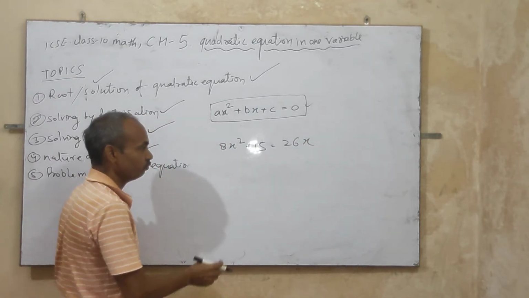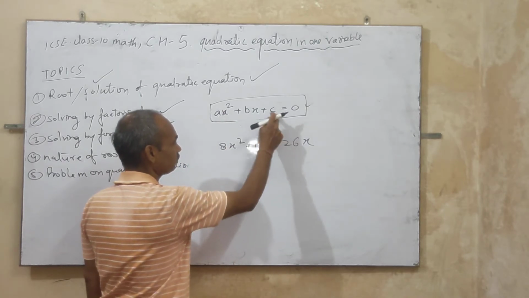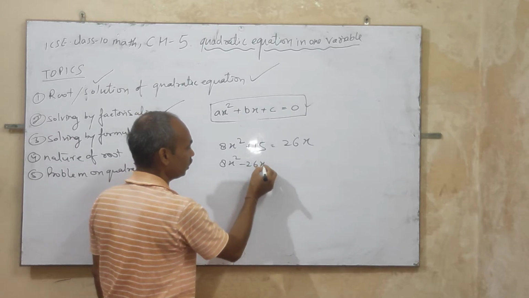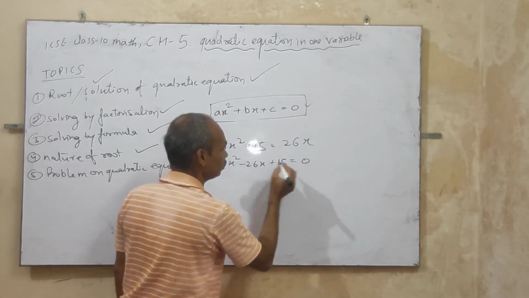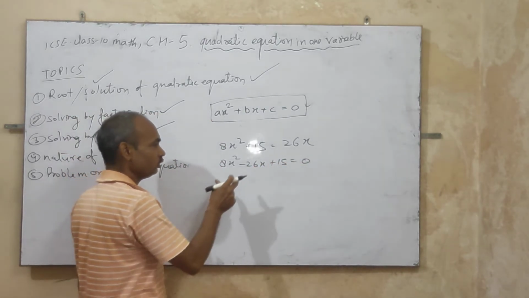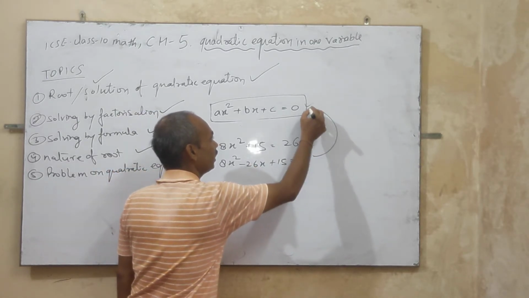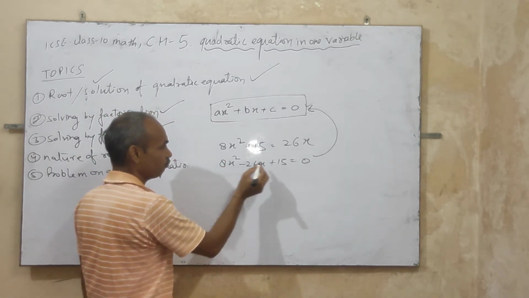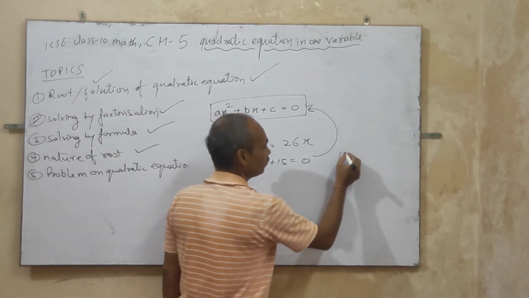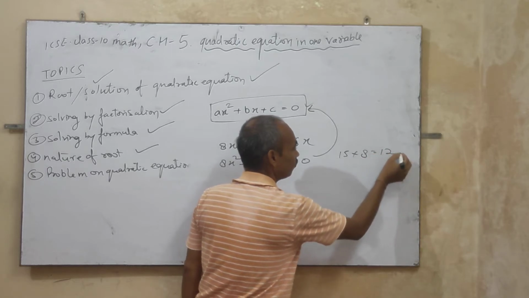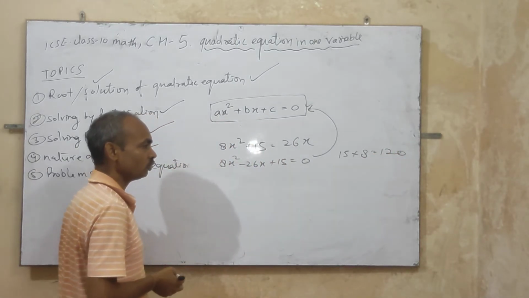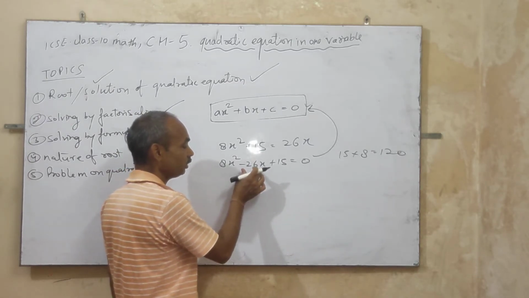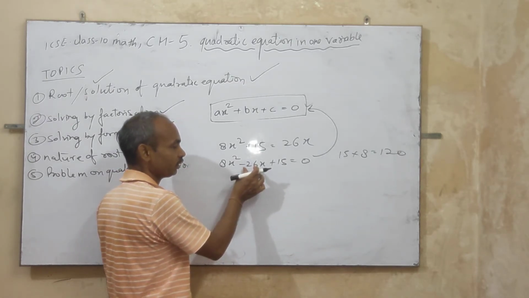First of all, we should write it in this design: 8x square minus 26x plus 15 is equal to 0. Now the equation looks like a quadratic equation. Now multiply 15 into 8, which is 120.